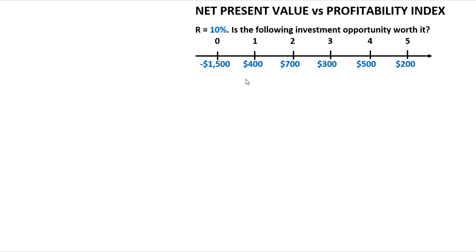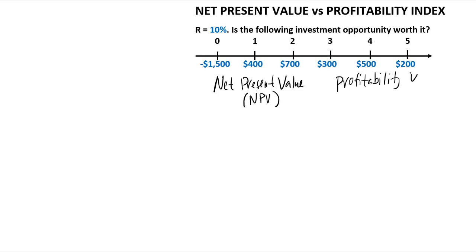Okay, so we want to calculate the profitability two different ways. First, net present value, which we call NPV, and second, profitability index, which we can abbreviate as PI.